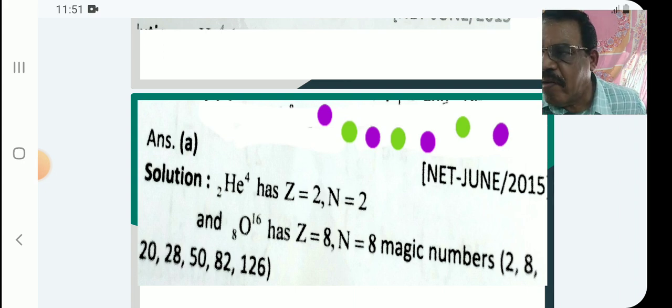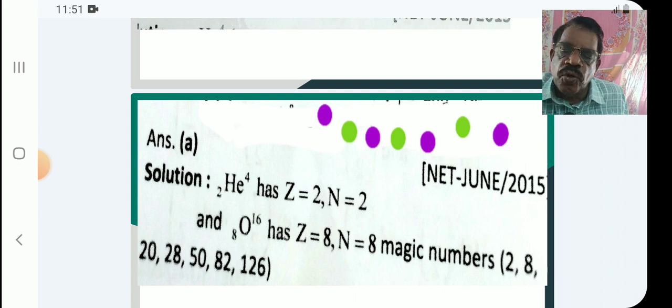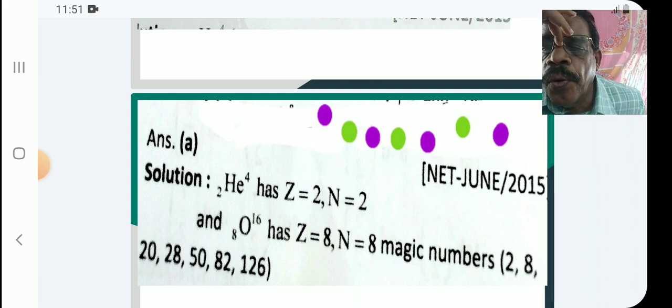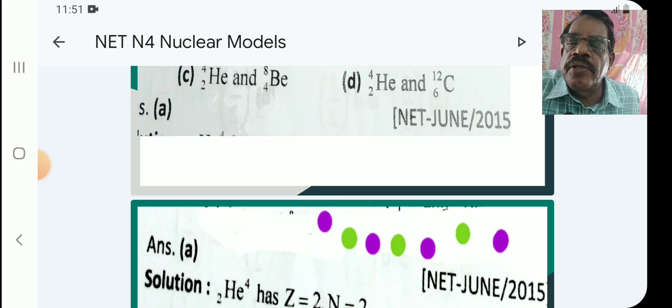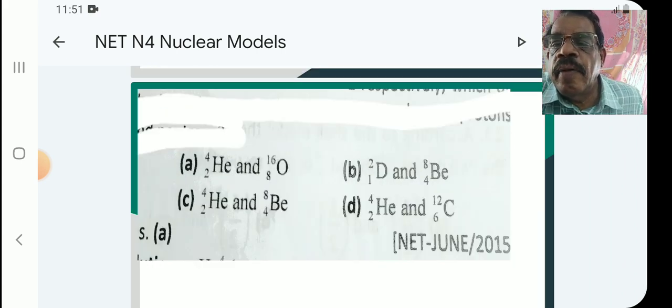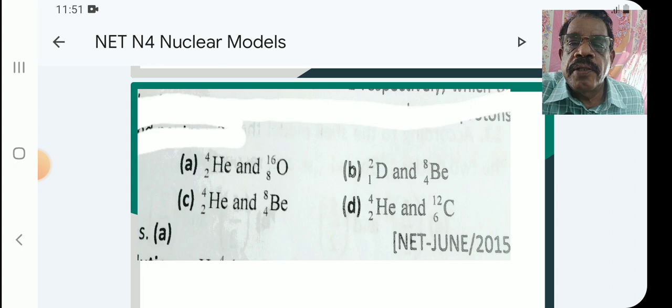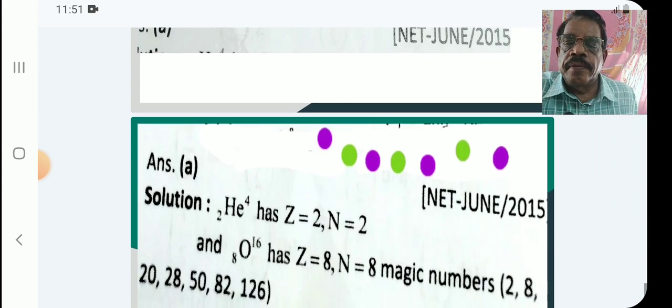Those nuclei having nucleons equal to magic numbers have maximum stability according to the shell model. And these are the magic numbers. Here helium and oxygen have magic numbers. So the answer is A, helium and oxygen. All others have some of the magic numbers wrong. That is the answer.